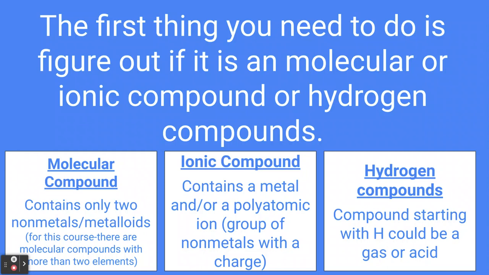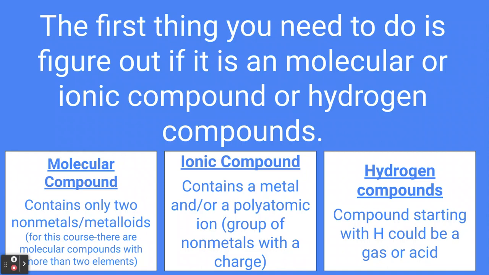For this course, we're only talking about two nonmetals or a metalloid-nonmetal combination, but realize that molecular compounds can have more than just two elements. Ionic compounds are going to contain a metal in their formula or a polyatomic ion, and those are groups of nonmetals with a charge. And then we have hydrogen compounds, which are compounds starting with an H, and those could be a gas or an acid.